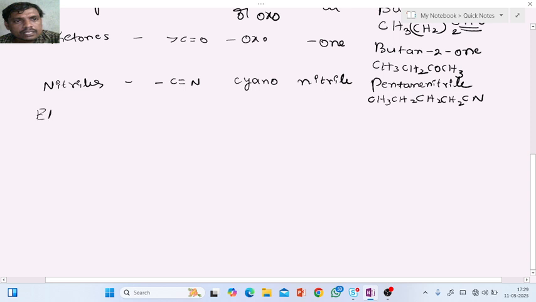And after nitriles, let us take ethers. How are ethers represented? In IUPAC, ethers are represented by R, oxygen, R. Alkoxy is the prefix, and there is no suffix. The example is ethoxyethane.